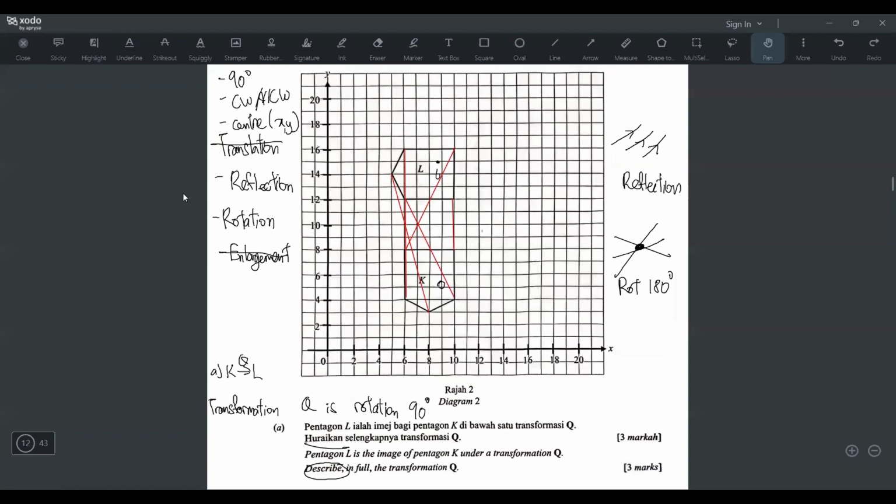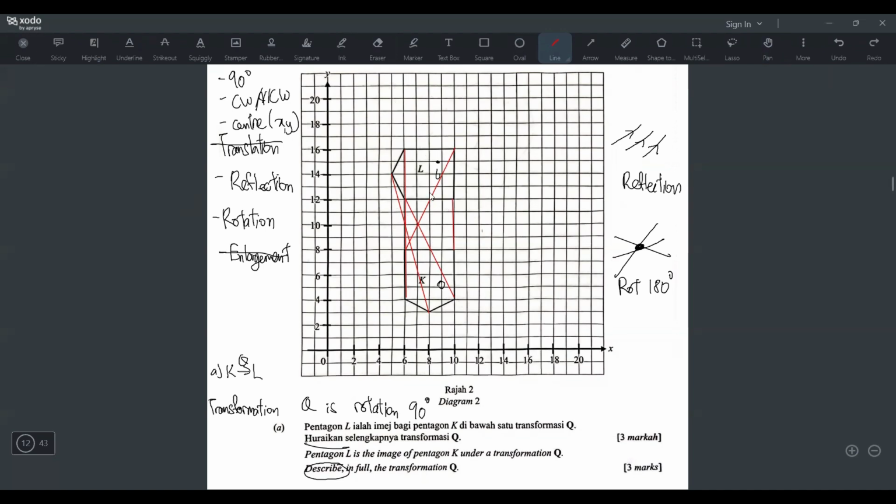The way I do it is I use compass. I will use compass and I have to draw perpendicular bisector, right? But I will use two of these red color lines. Do you remember just now I drew all these lines, I joined all the corresponding points, right? But now I will just choose two of these lines, and I will make sure the two lines I choose are not parallel.